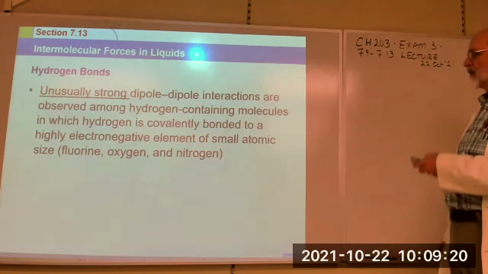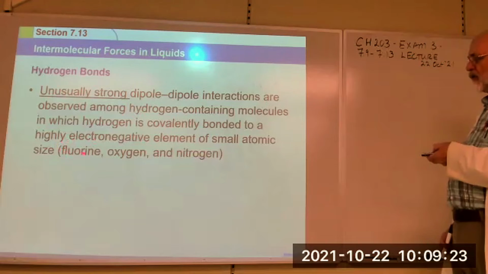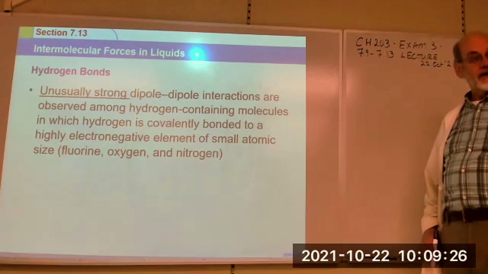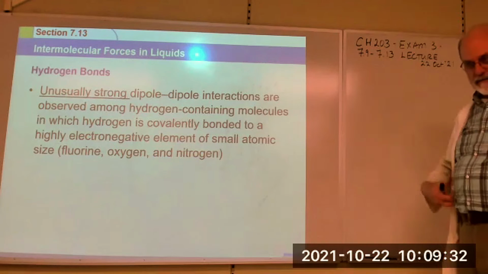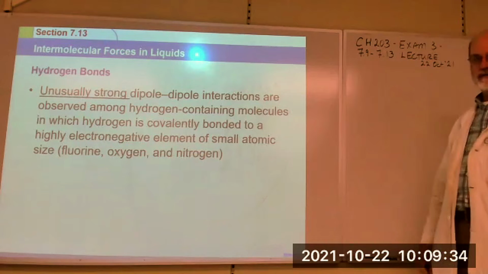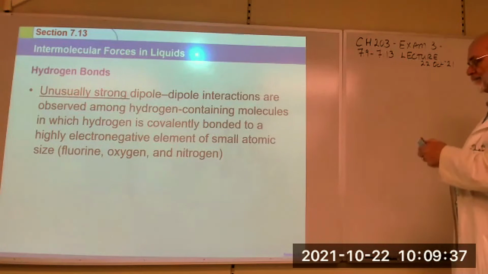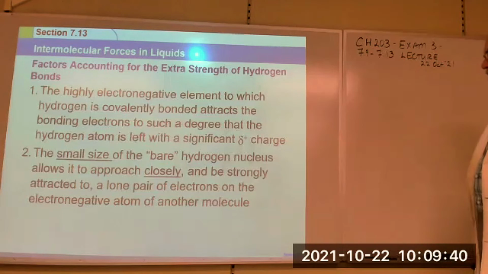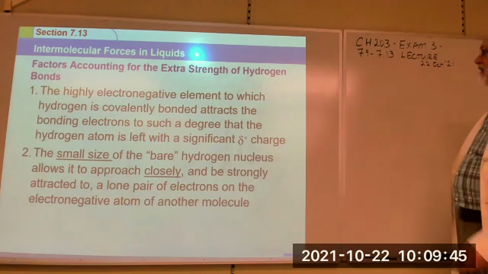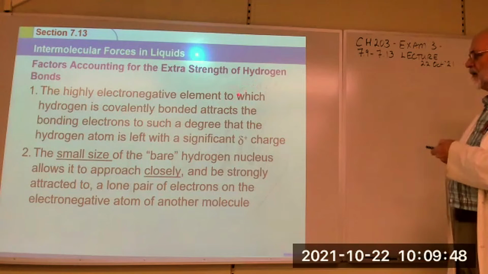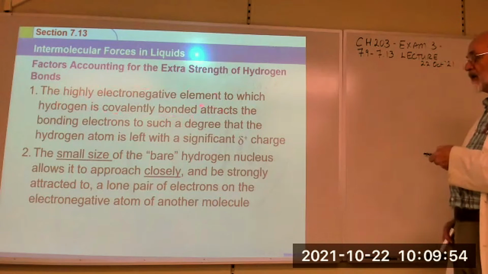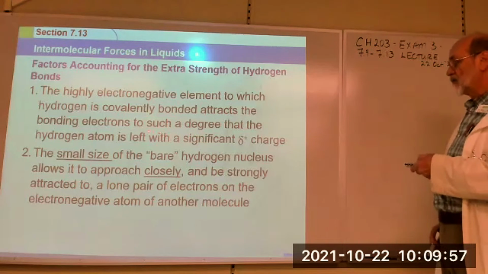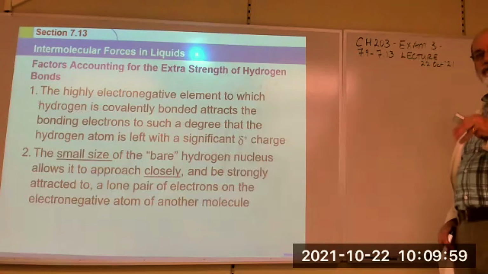This is in words, so I guessed right. Fluorine, oxygen, and nitrogen are predominantly the electronegative atoms that you attach hydrogen to, to facilitate the formation of hydrogen bonding. Let's see, factors affecting the strength of the hydrogen bonds. Okay, we talked about this one already. The electronegative element that hydrogen is bound to contributes to the movement of electrons away from the hydrogen.